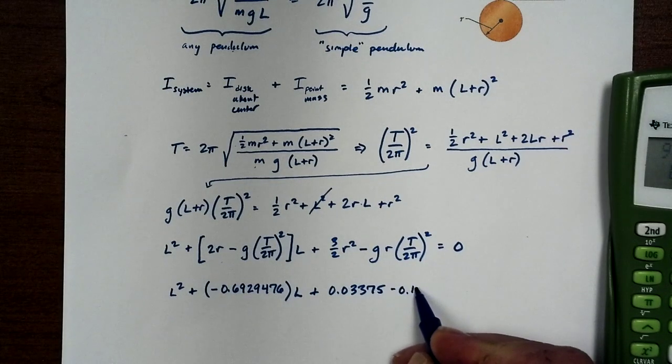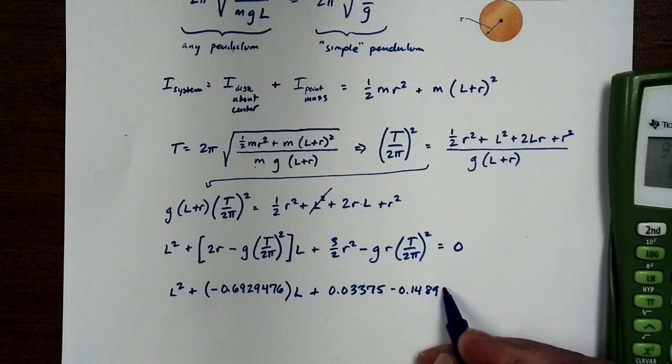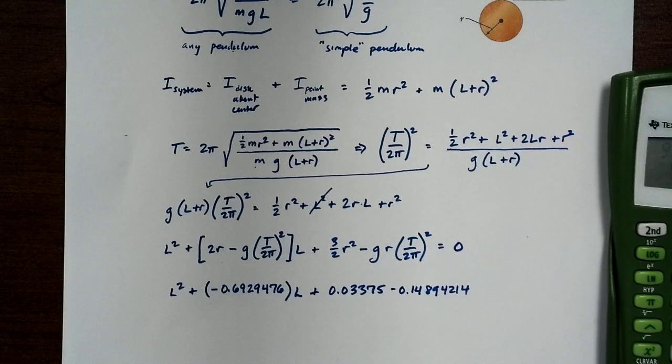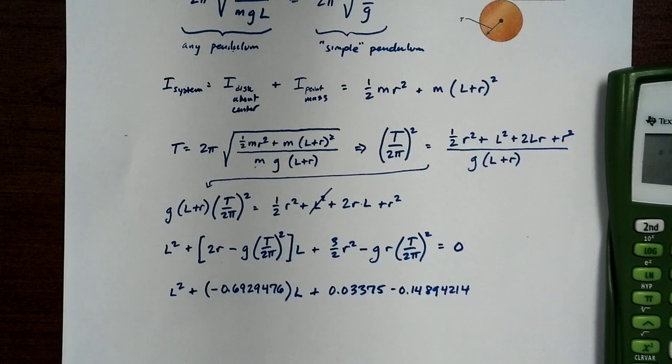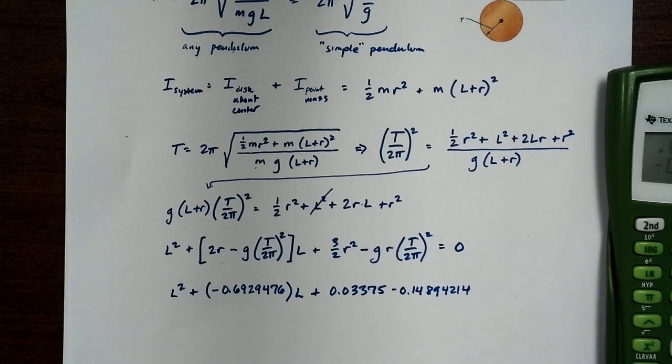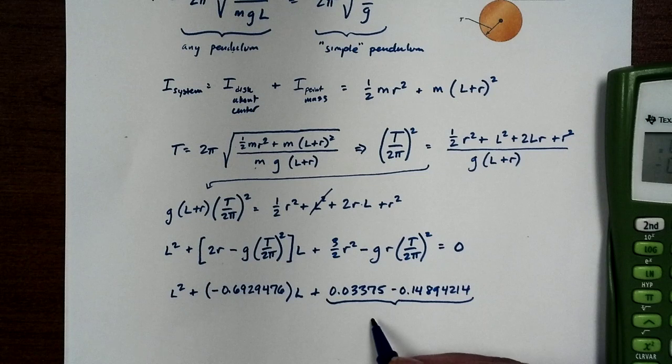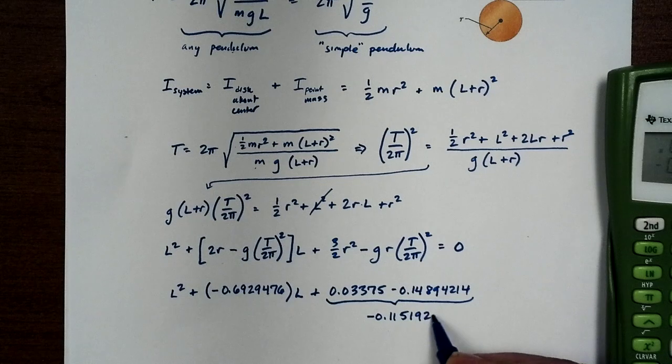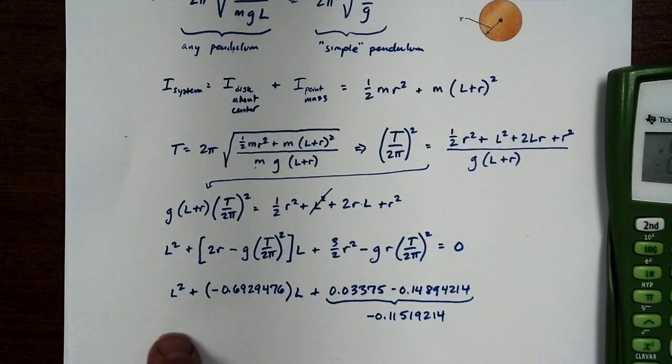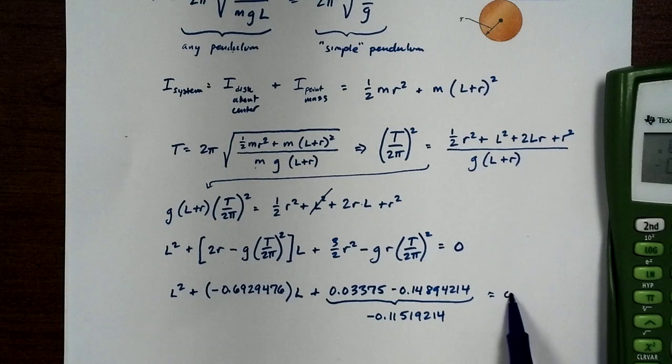Minus 0.14894214. Okay, so that's collectively negative 0.11519214. Probably don't need all those digits, but now I've arranged it into the standard form for a quadratic equation.